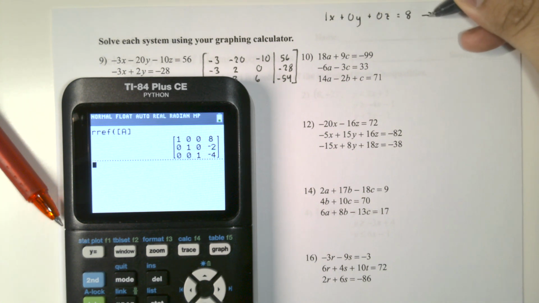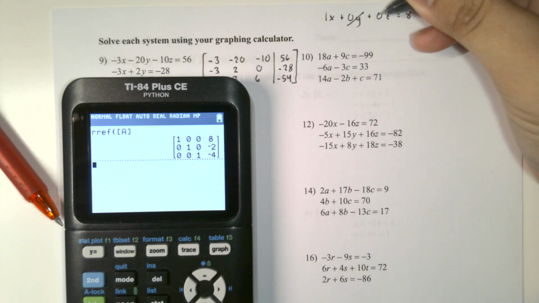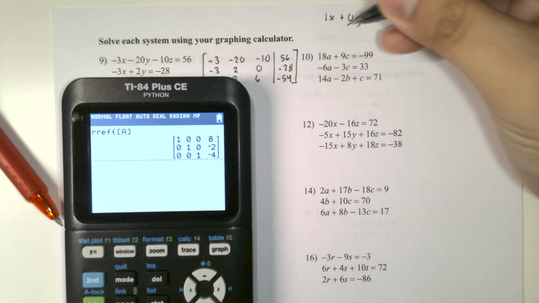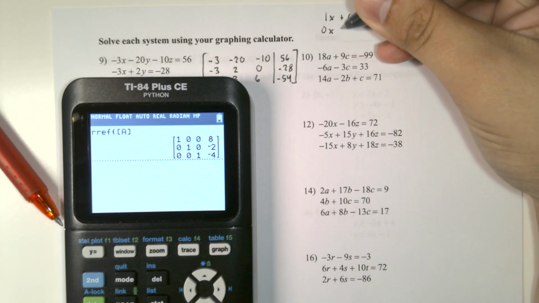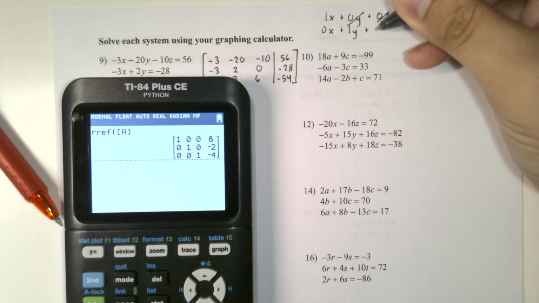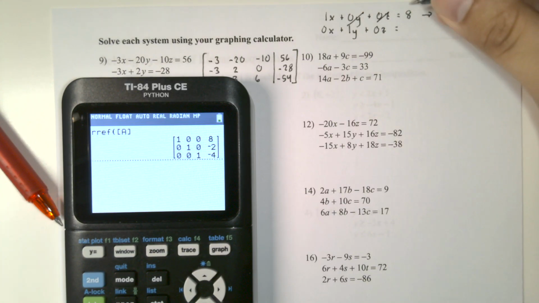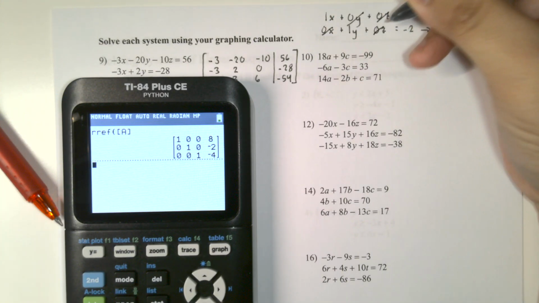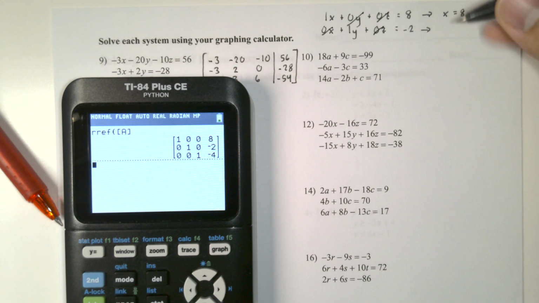Which really just means, because we really don't need 0y and 0z, x is equal to 8. That middle row means 0x plus 1y plus 0z is equal to negative 2. Which really just means, because you don't need 0x and 0z, and you don't even need that 1 either, that y is equal to negative 2.